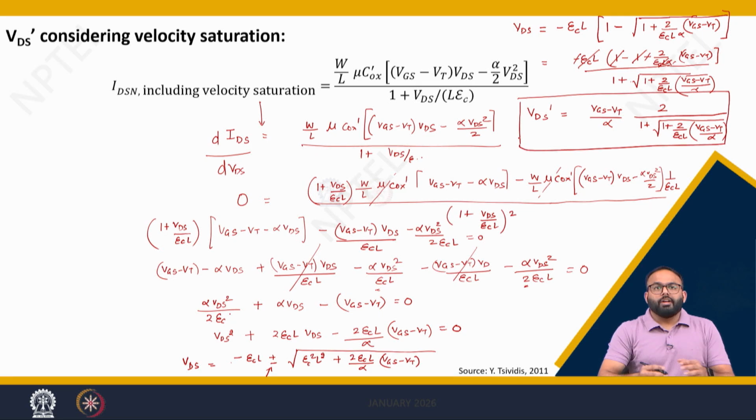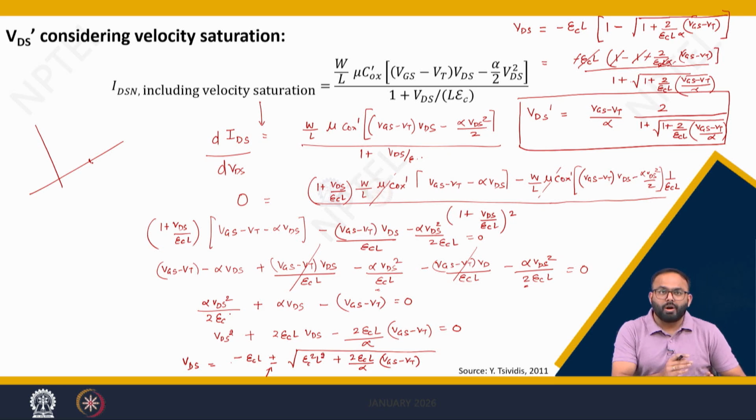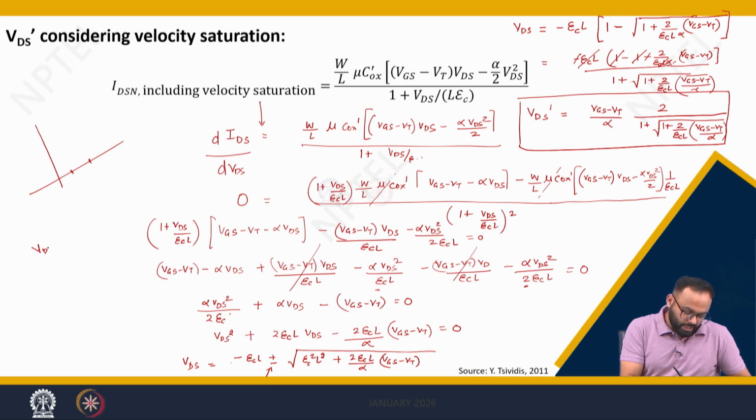So, this is clear that when you include the velocity saturation effect, then the saturation voltage, which decides the boundary between non-saturation to saturation, is lower than the boundary what we have calculated when velocity saturation was not included, because at that condition when the velocity saturation was not included, Vds dash was nothing but Vgs minus Vt divided by alpha.